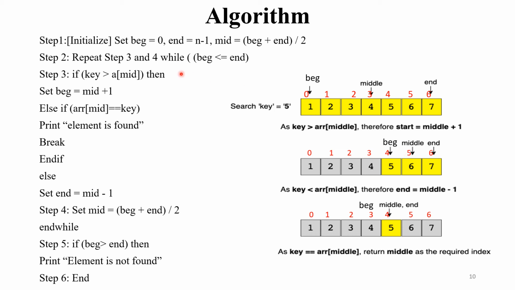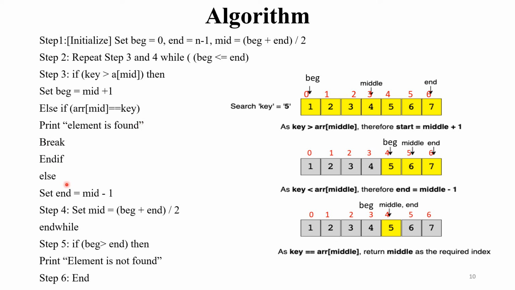We check whether the key is greater than our middle element. Here the key is 5 and the middle element is 6. So 5 greater than 6, this condition is false. Then in the second condition, the middle element is 6 and the key is 5, so this condition is also false.